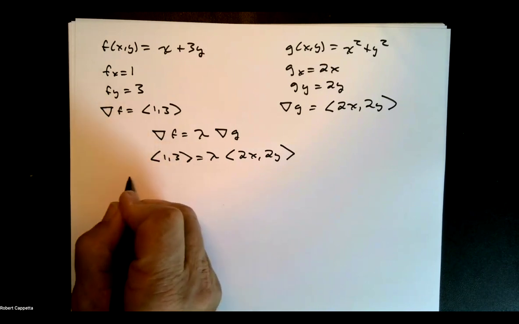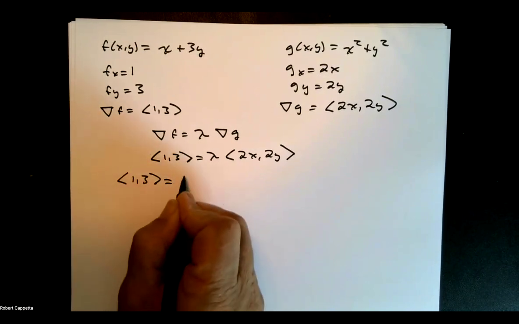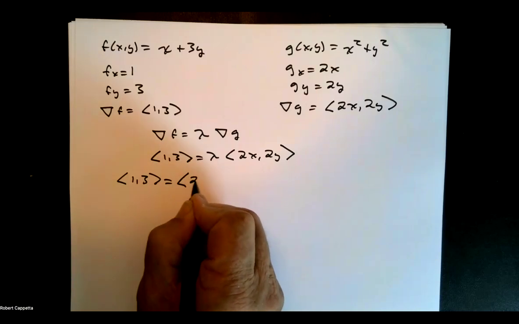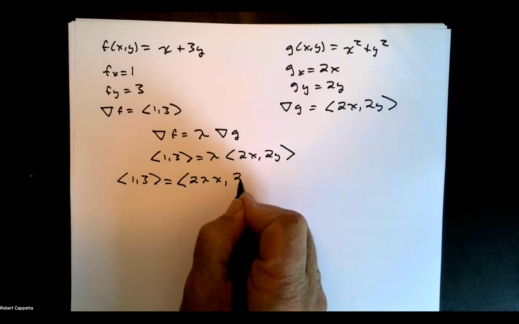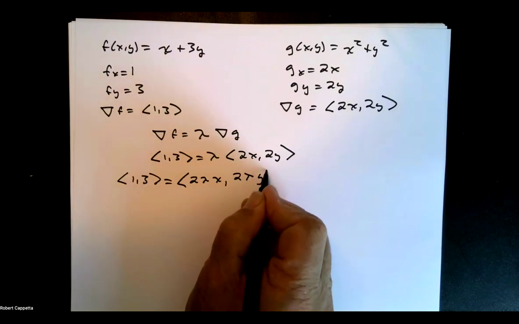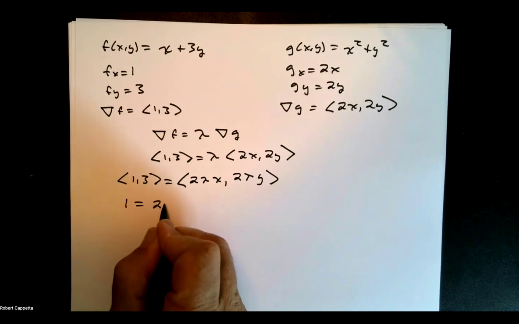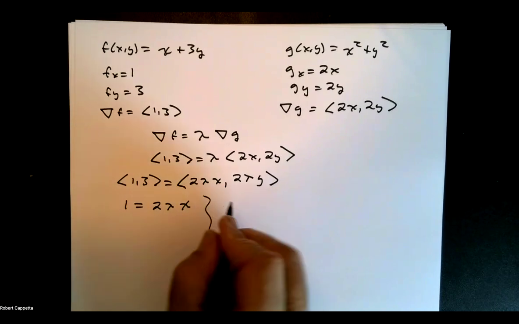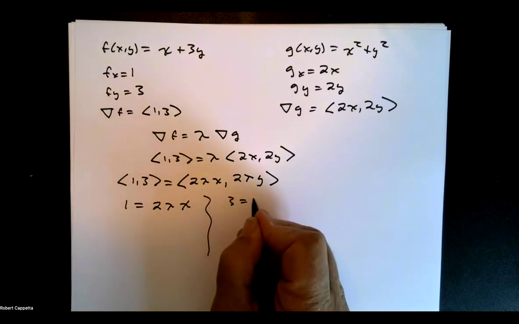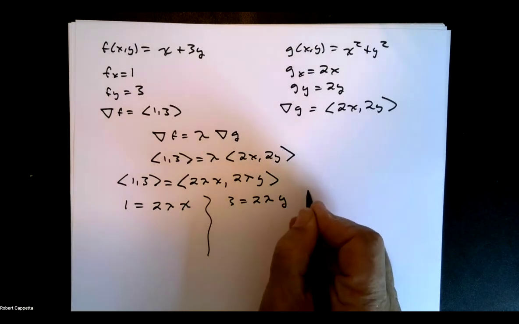So looking at our vectors then, we have 1, 3 multiplying in the lambda equals 2 lambda x, comma 2 lambda y. So one of my equations is 1 equals 2 lambda x. Another equation is 3 equals 2 lambda y.